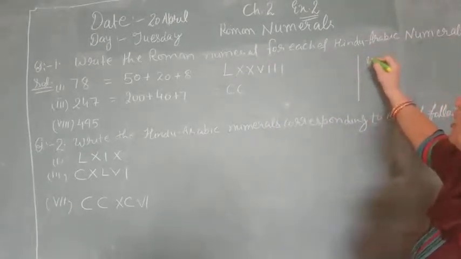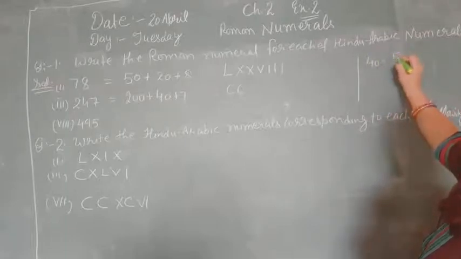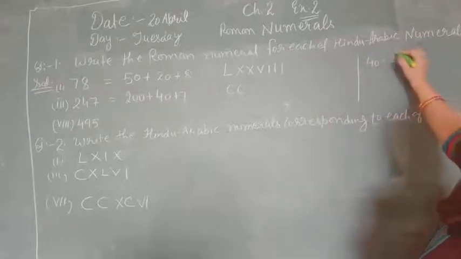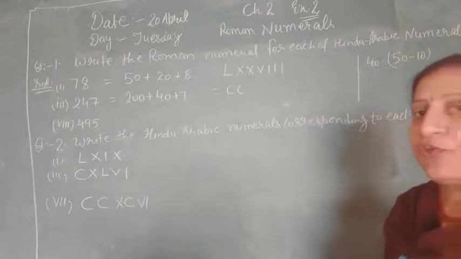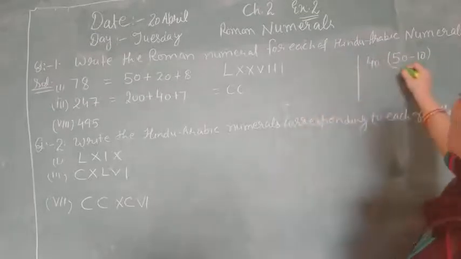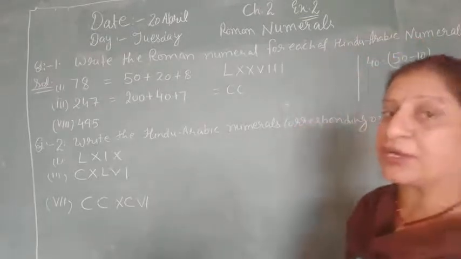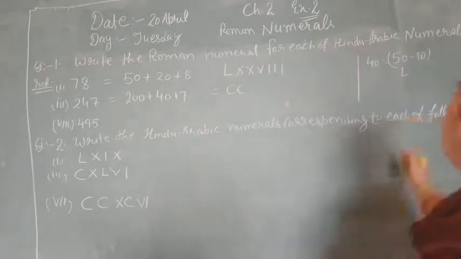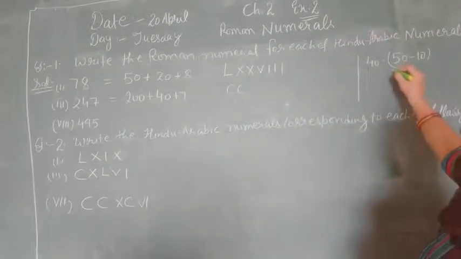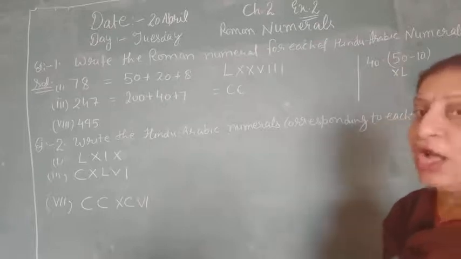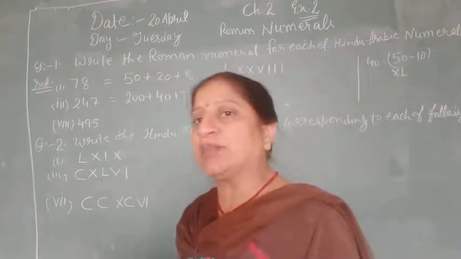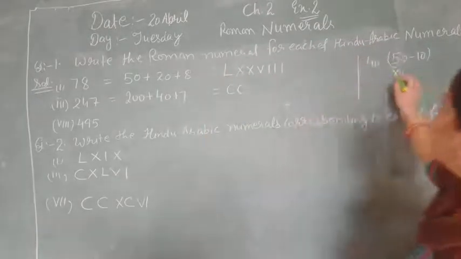Now our next number is 40, and we know how we get 40. We get 40 as 50 minus 10. And for 50 we use L, because 10 is subtracted from this, so we have to write X on the left side of the L. L के left side में हम X को write करेंगे.